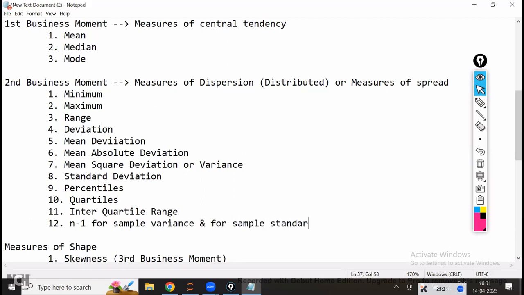For both of them we use n-1, and we have seen the reason behind that. Why do we consider n-1 for sample variance and sample standard deviation?